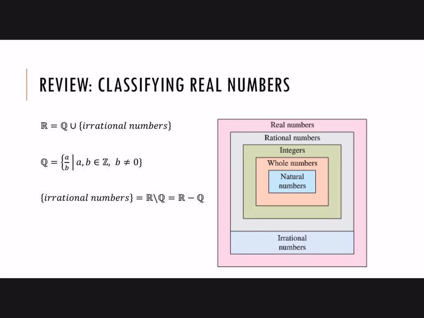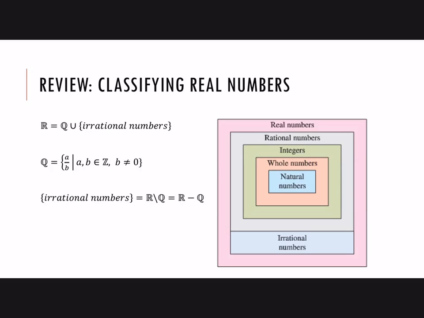Here's a review of how to classify real numbers. This is a chart from the textbook, and you can see that we have different subsets which are sort of nested inside this larger set of real numbers. Notice that the real numbers can be divided between either rational or irrational numbers.